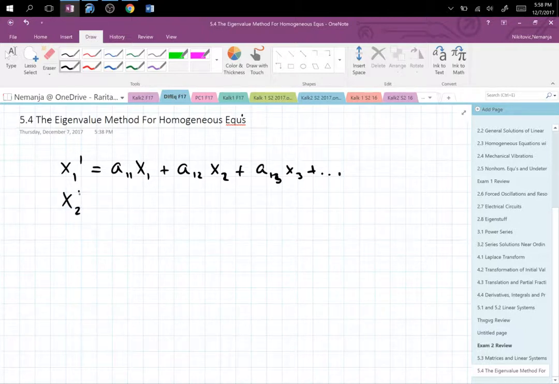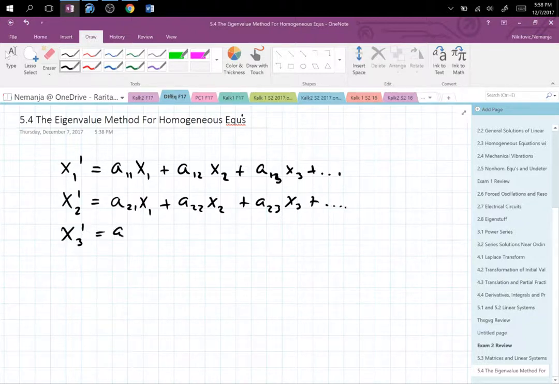And then x2 prime is a21 x1 plus a22 x2 plus a23 x3 plus dot dot dot. And one more, x3 prime is equal to a31 x1 plus a32 x2 plus a33 x3 plus dot dot dot. And then dot dot dot. So these are all the things.